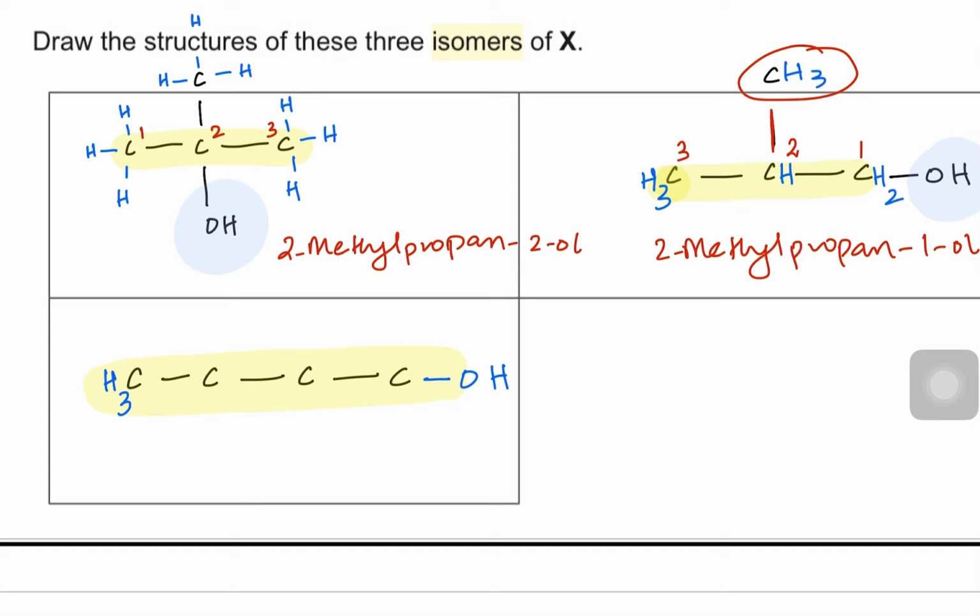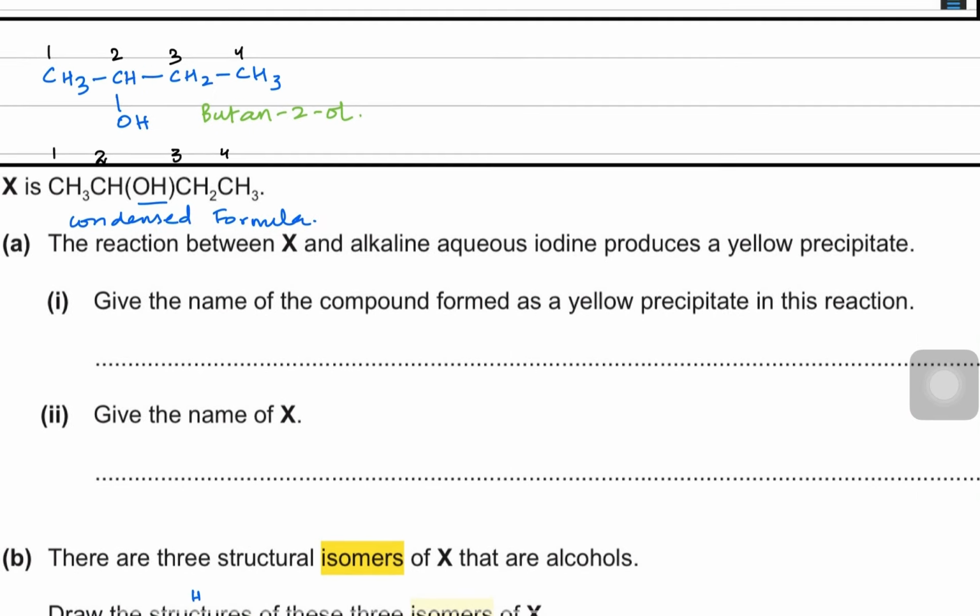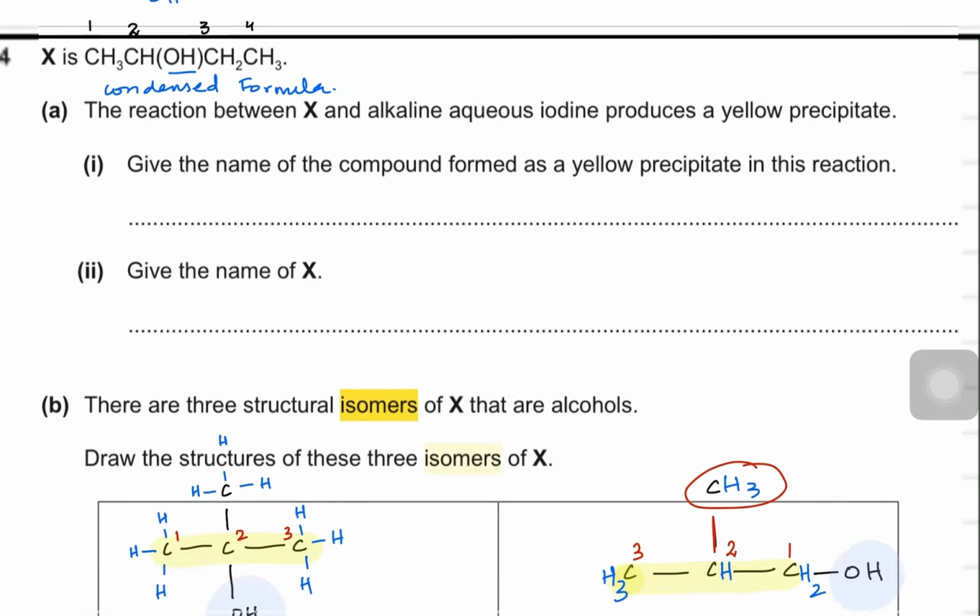So CH3, CH2, CH2, CH2, carbon number 1, 2, 3, 4. It would be called butane 1-ol. So right now you have chain isomers and you have position isomers. These are isomers of butane 2-ol.